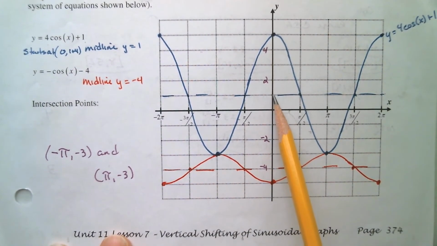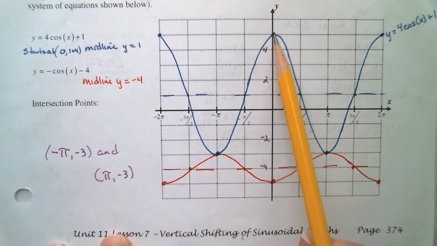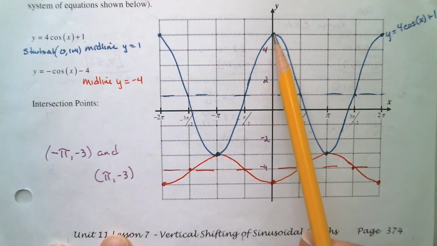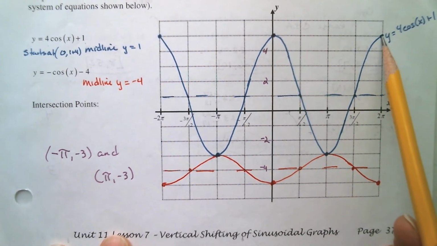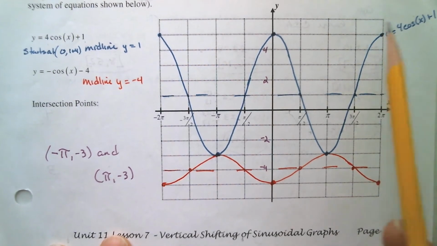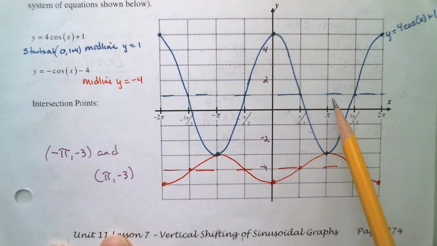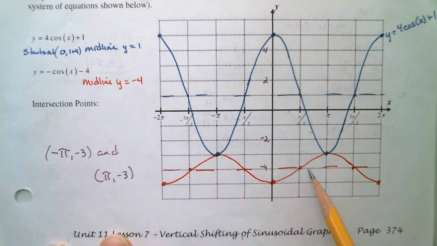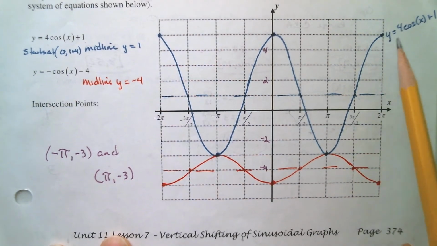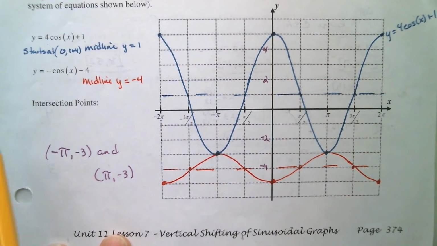So in this case, 4 units above the midline is where it starts. And at 2 pi, it's going to be at that same height, and midway between 0 and 2 pi, so at pi radians, it will be 4 units below the midline. And it's symmetric with the y-axis, so simply reflect those points over.